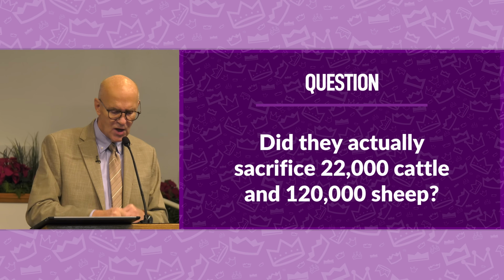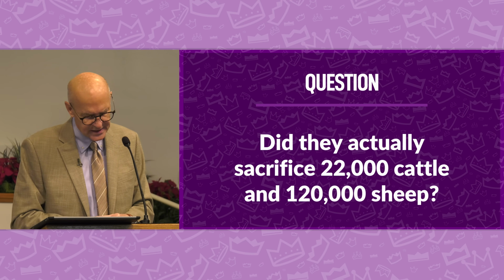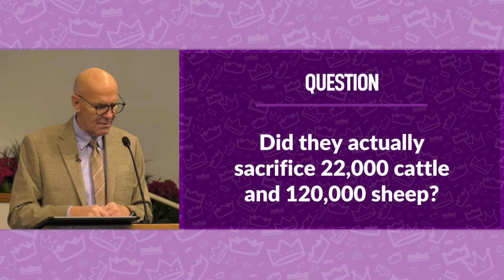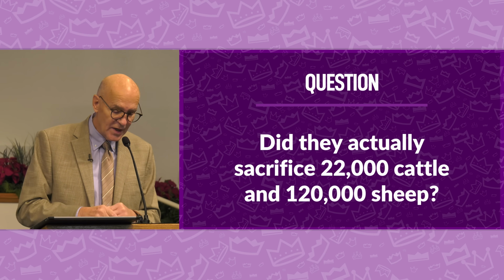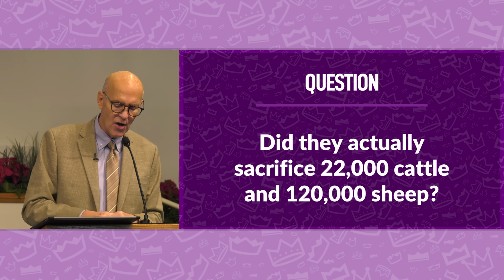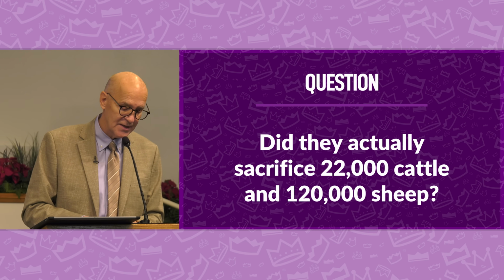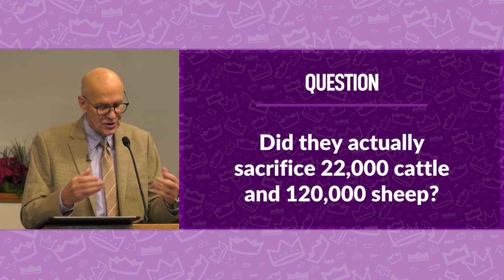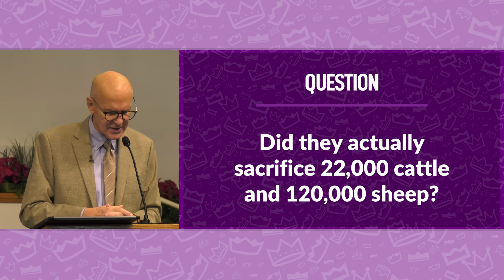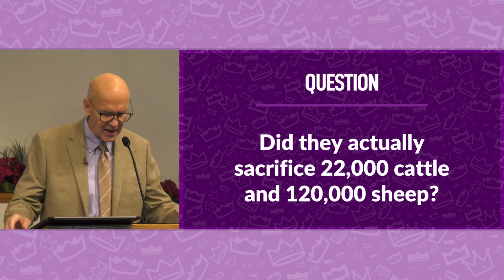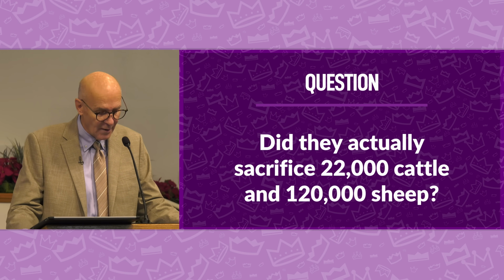Well, the account of Solomon's dedication of the temple in 1 Kings chapter 8, verses 62 and 63 records a massive number of animal sacrifices. It says 22,000 cattle and 120,000 sheep and goats were sacrificed. This raises understandable questions about how such a vast number of sacrifices could be practically carried out in terms of time and manpower and ritual requirements.